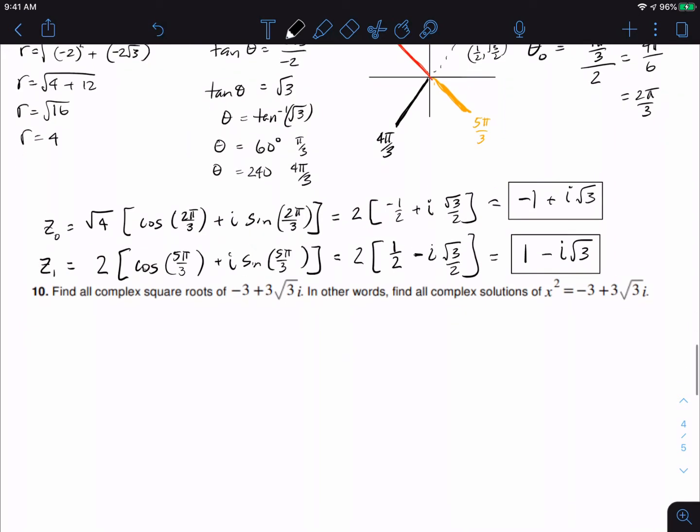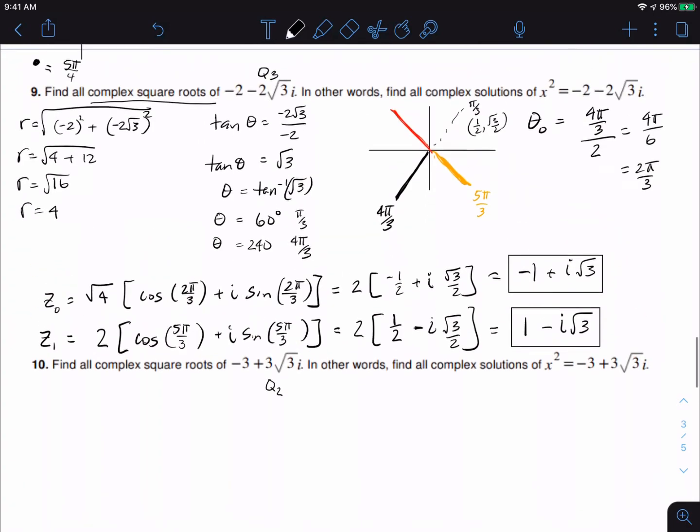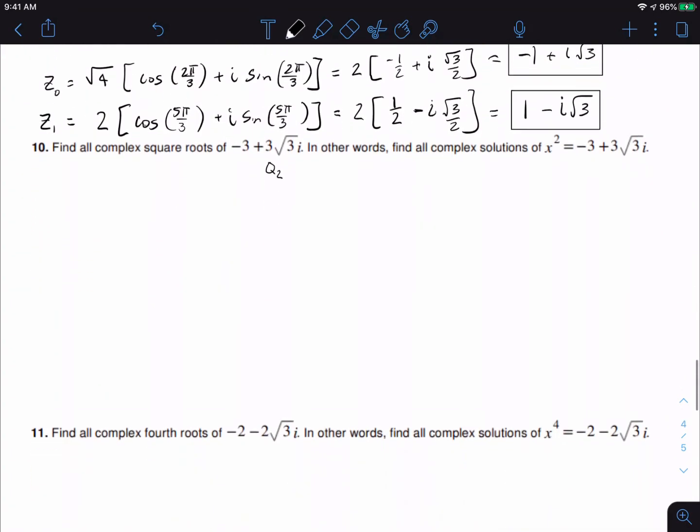Let me see if I can do a little bit. So this tells me that I should be in quadrant 2. Right, quadrant 2.